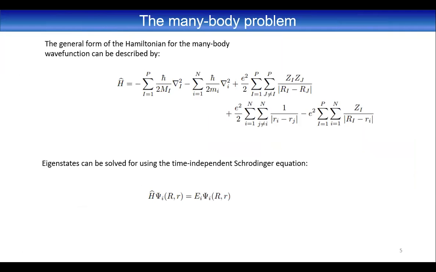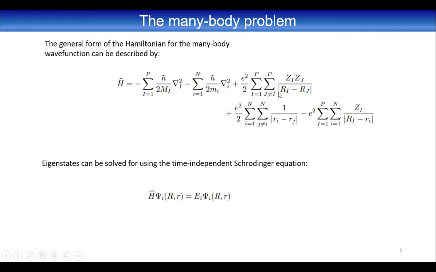And so the background for why DFT is useful is that if you have some many-body system and you wanted to solve for the ground state exactly, you would have to use this Hamiltonian, which has terms that correspond to the kinetic energy for all the atoms and all the electrons in the system.